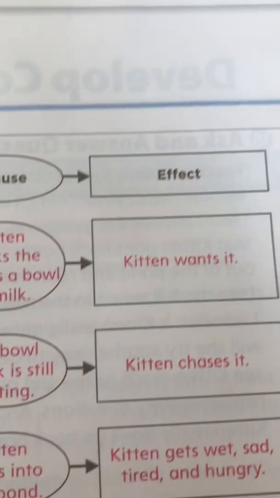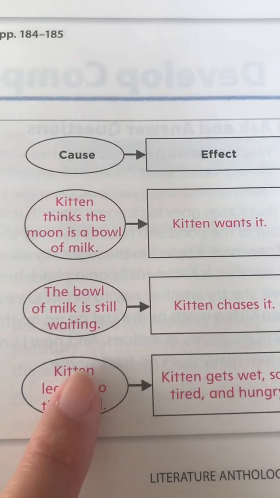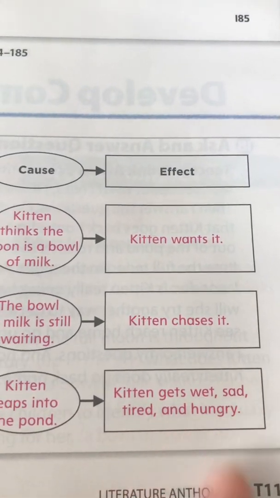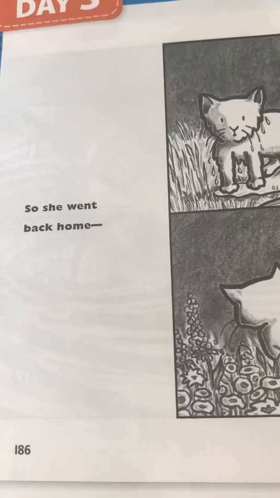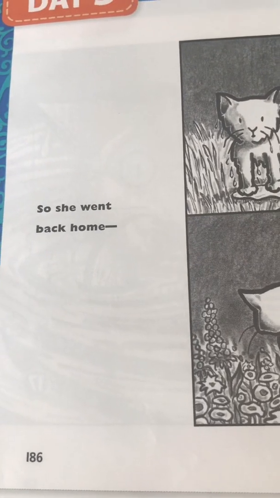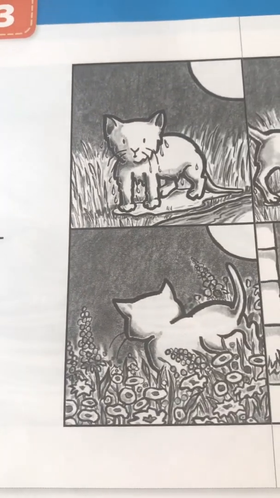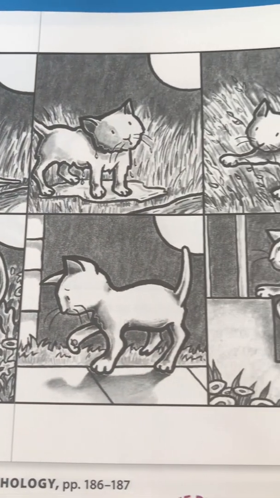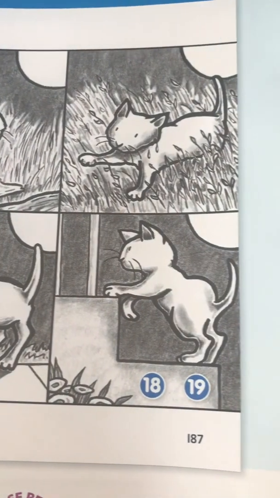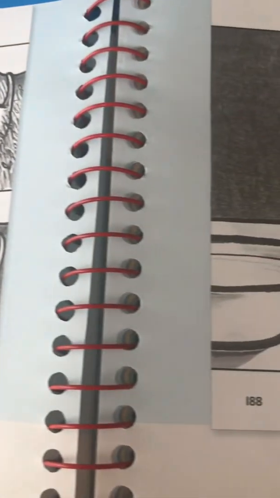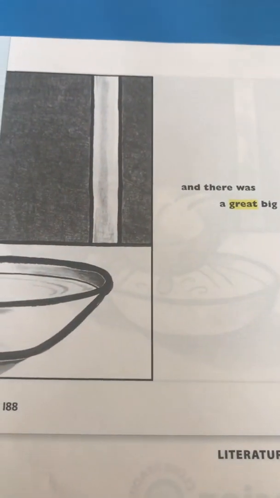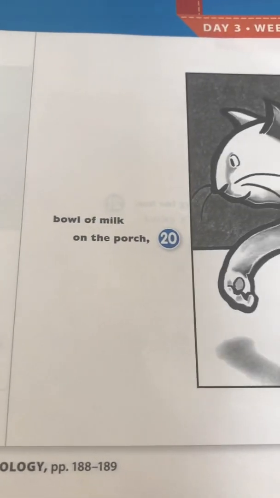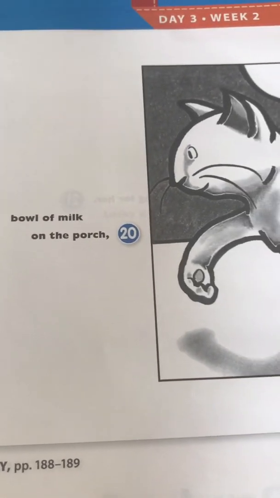Let's look at our cause and effect. Cause, kitten leaps into the pond. Effect, kitten gets wet, sad, tired, and hungry. Oh no. So she went back home. And there was a great big bowl of milk on the porch.